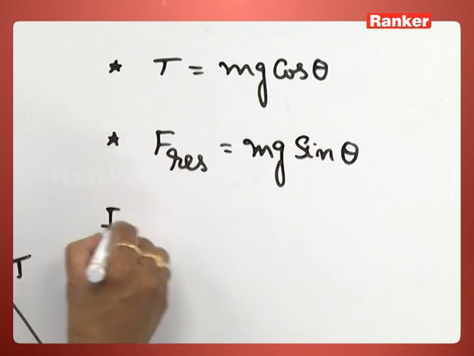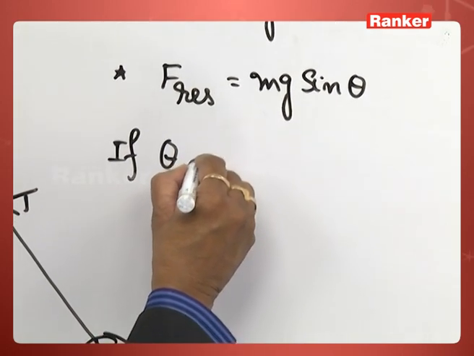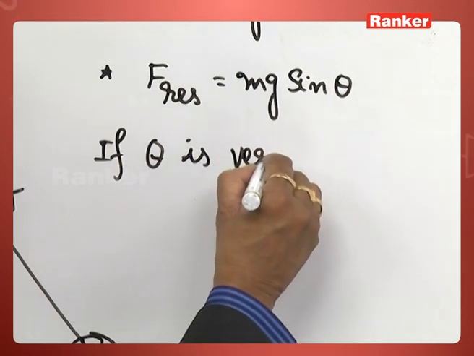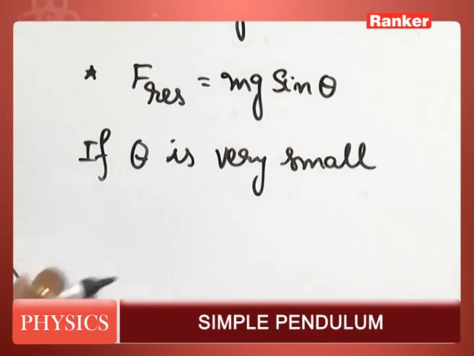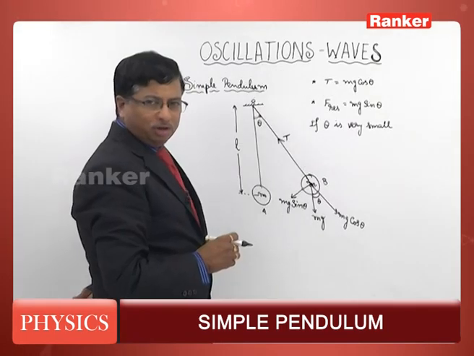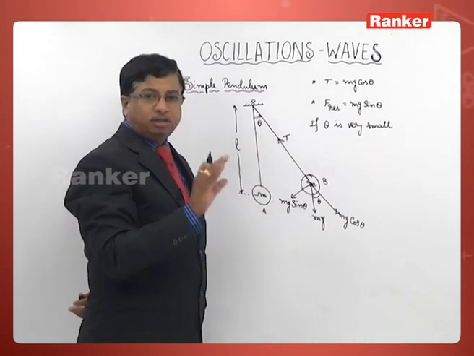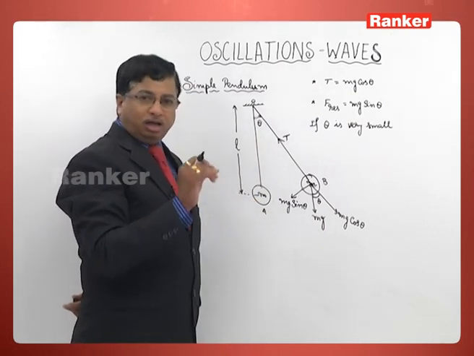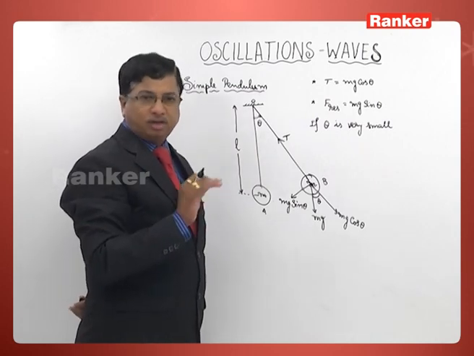Suppose I consider a special case here, if theta is very small. According to physics, it will not necessarily be 0. It cannot be 0, because when it is oscillating there will definitely be some angle. That angle should not be more than 5 degrees, is what we generally consider.